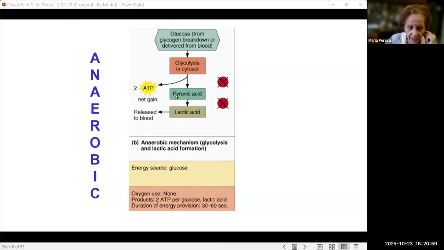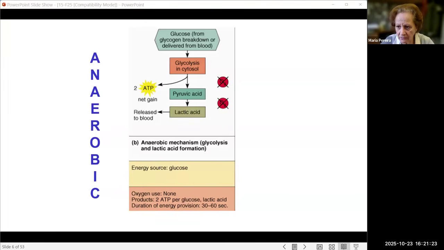So now this pyruvic acid, which is present in the cytoplasm, remember, this all is occurring in the cytoplasm. Now this pyruvic acid, if there's no oxygen, is converted into lactic acid. And then lactic acid is released into the blood and goes back to the liver, where it is converted to glucose.